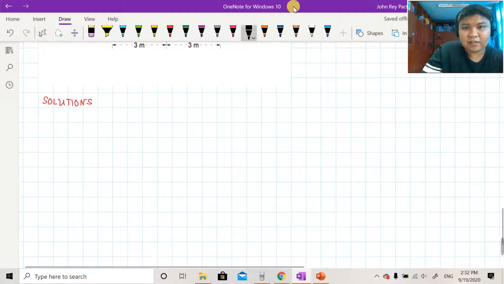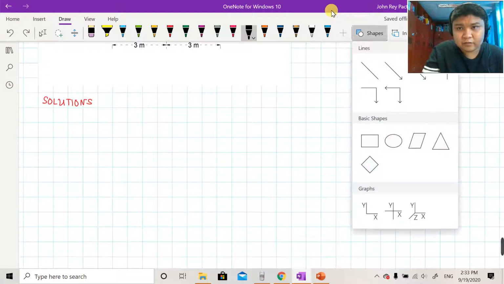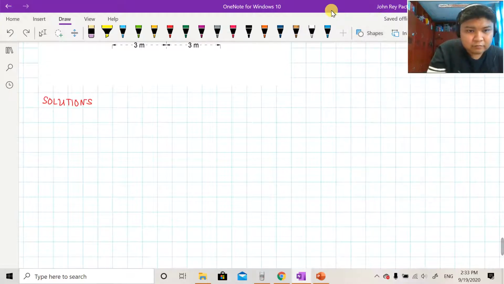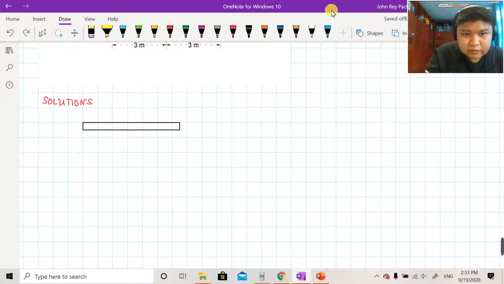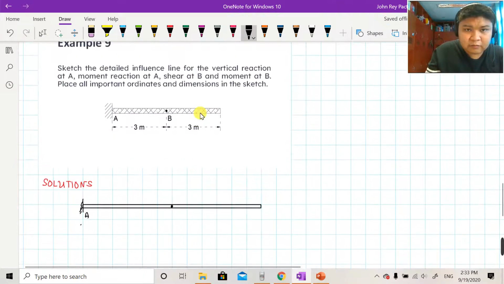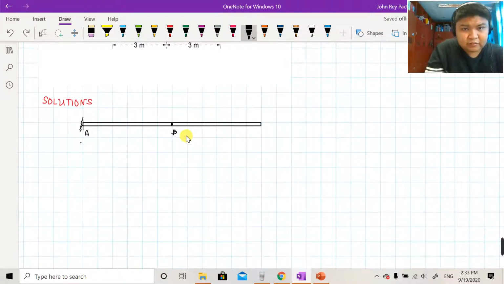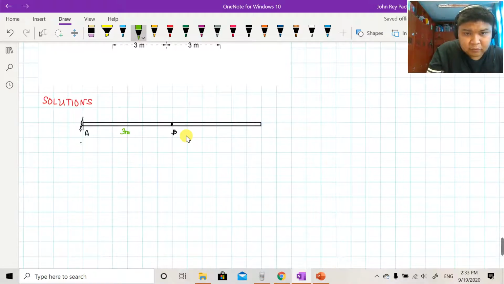solutions. So we draw the beam, class, which is a cantilever. Then let's put the label A. Then let's label this point, is that right? B. Right, so this is point B. The dimensions, class, are 3 meters and then 3 meters.